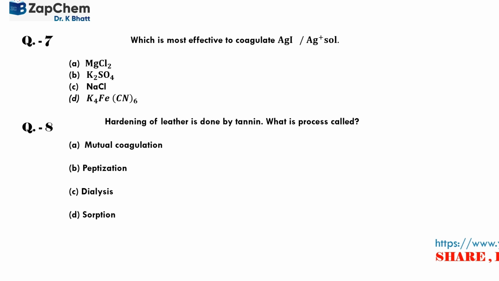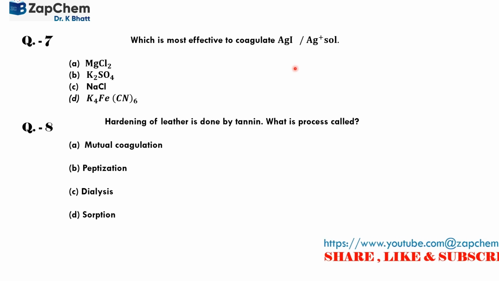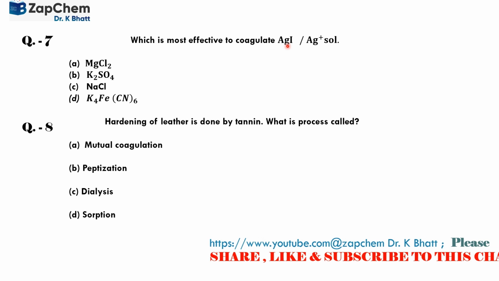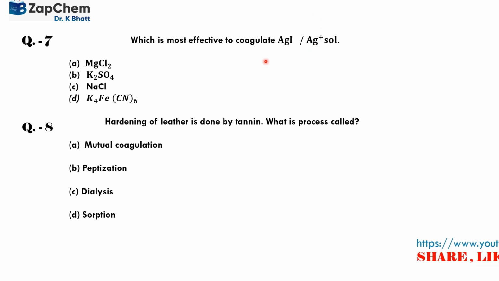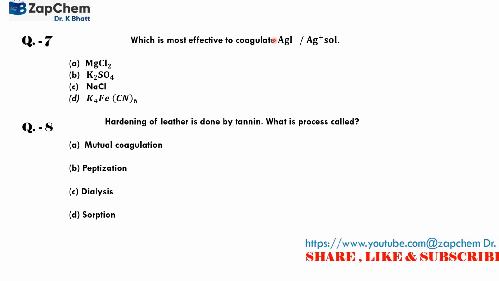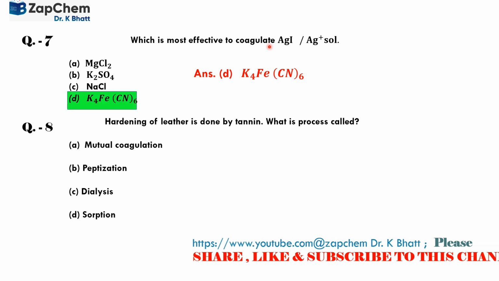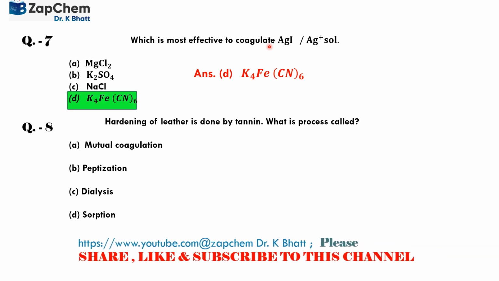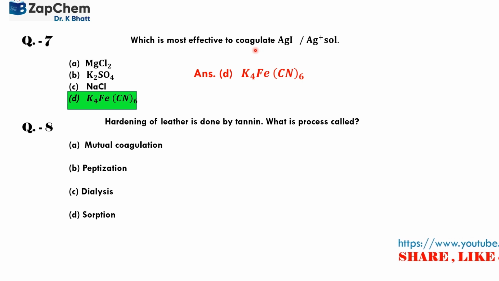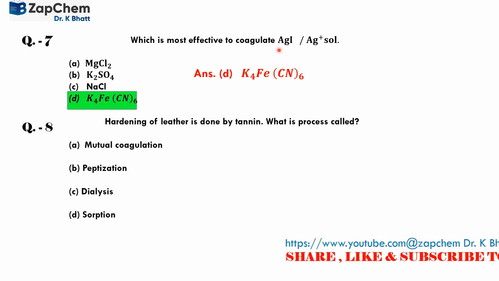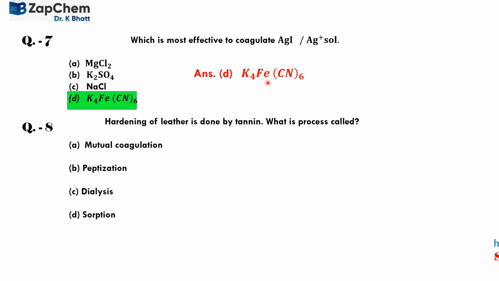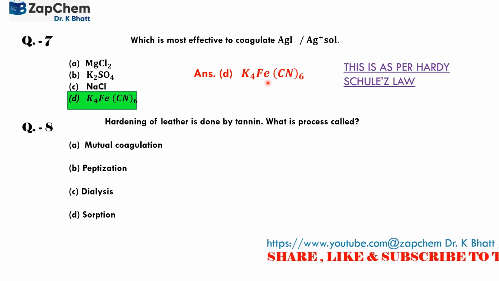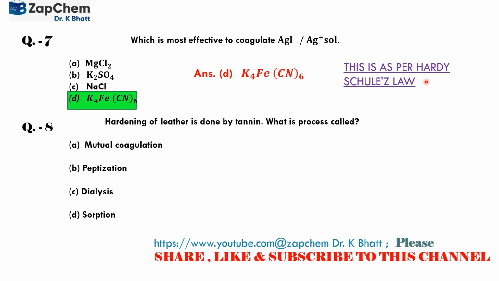Then let us move to the seventh question, which is most effective to coagulate AgI, Ag positive sol. That is how we represent the composition of the sol. And here, same thing according to the Hardy-Schulze law, it is option D, potassium ferrocyanide, which is the most effective salt to coagulate it because it consists of Fe(CN)6, that is 4 negative charges, as per the Hardy-Schulze law.